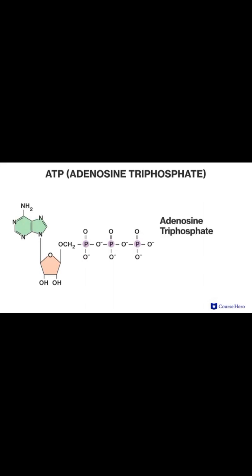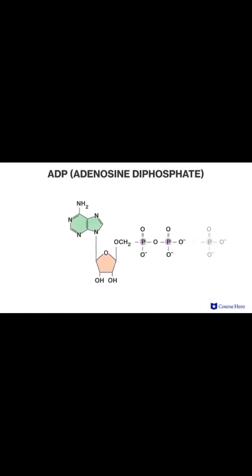It is a nucleotide consisting of the sugar ribose, the base adenine, and 3 phosphate groups. ATP contains chemical energy in the bonds of its phosphate groups, so that when a bond is broken and a phosphate ion is released from ATP, energy is released along with it. The molecule that remains is adenosine diphosphate, or ADP.